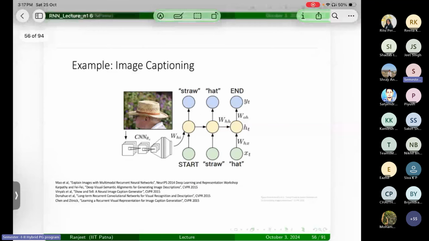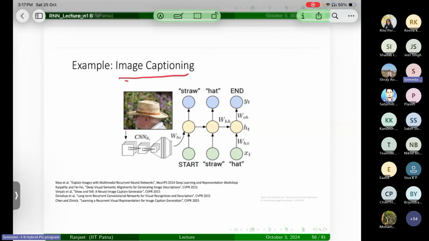Okay, so let's see one more example. It's image captioning. I have already told you that image captioning is where we have an image and you have to describe the image. Whenever we are dealing with images, we need a CNN type of model also, because you know that on images CNN is the most suitable layer.